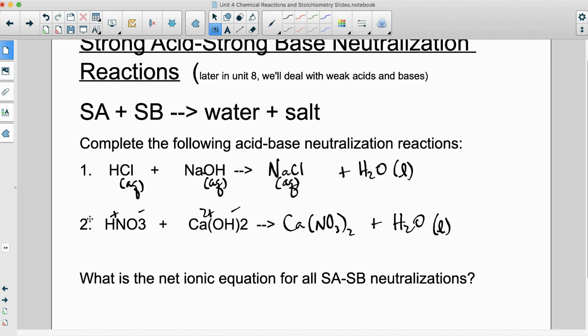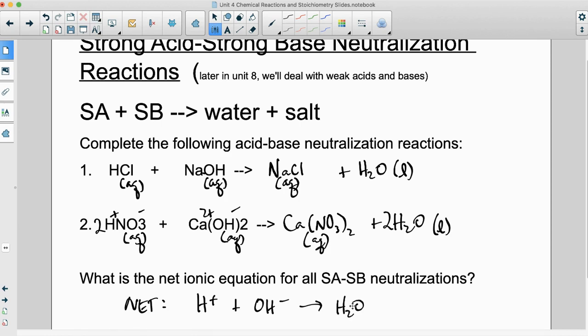Let's just check that we need some balancing here. A 2 here. So this will be aqueous, strong base, strong acid. Nitrate is soluble. So in all of these strong acid, strong base neutralizations, the net, as I mentioned before, is H plus and OH minus forms H2O liquid.